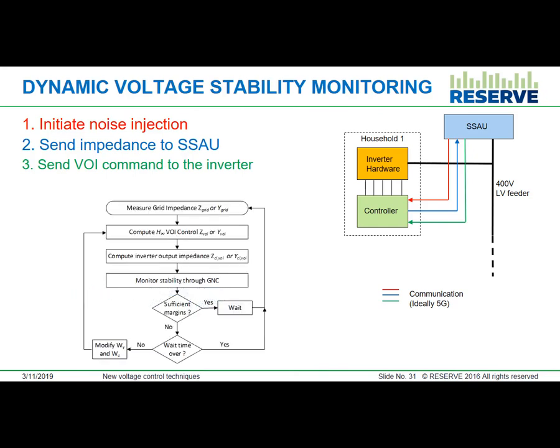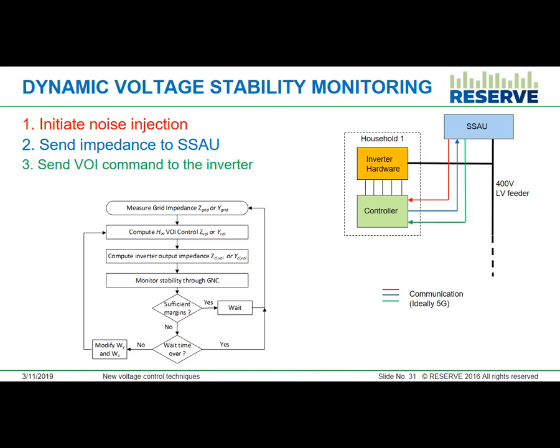This process can be made adaptive, as an automation to repeat this process. You measure the grid impedance, calculate the controller, and then back again. You can do this many times or keep on doing this monitoring.